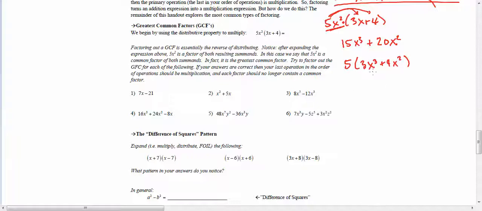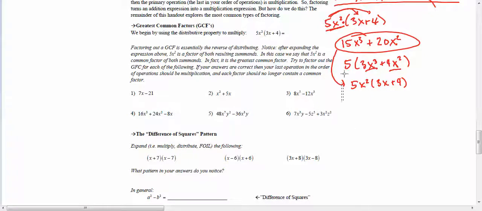And is there a common amount of x's that I can take out? Well, the most amount of x's that I can take out is 2 of them, because I can't take out 3 x's like x cubed, because there's only 2 of them here. So I can pull 2 x's out of here and 2 x's out of here, and I'll have 5x squared times 3x plus 4. So if I were to give you this problem, then I ask you to factor it, this is how you would do it.